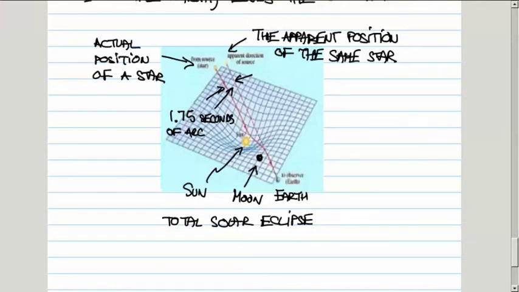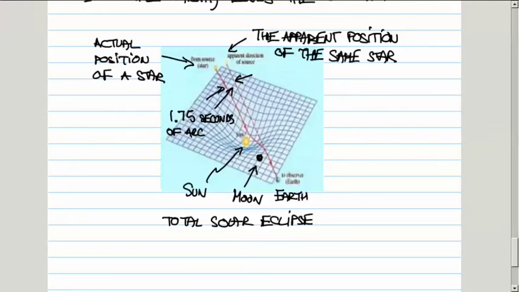Basically, you take the photograph of a night sky when the sun is not in the way, and then during the eclipse, you take the photograph of the same part of the sky, and then you compare the two photographs, two photographic plates, and you see that the given star has shifted, right?